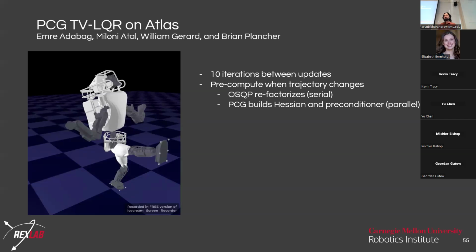And the key thing to know is because we're now updating the dynamics, every time we update the dynamics, OSQP has to refactorize the system, which is a serial operation. And we have to rebuild our preconditioner, but that's a parallel operation. So we were hoping that this would win, and it does, but not significantly.